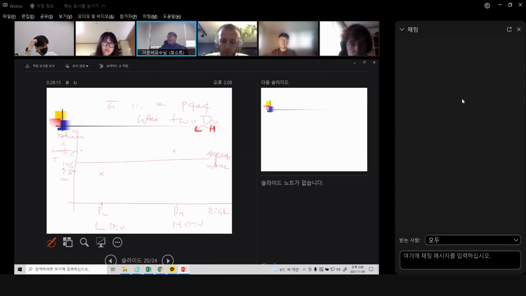Then the composite WACC plays a role as cost, and this X displays the expected return.